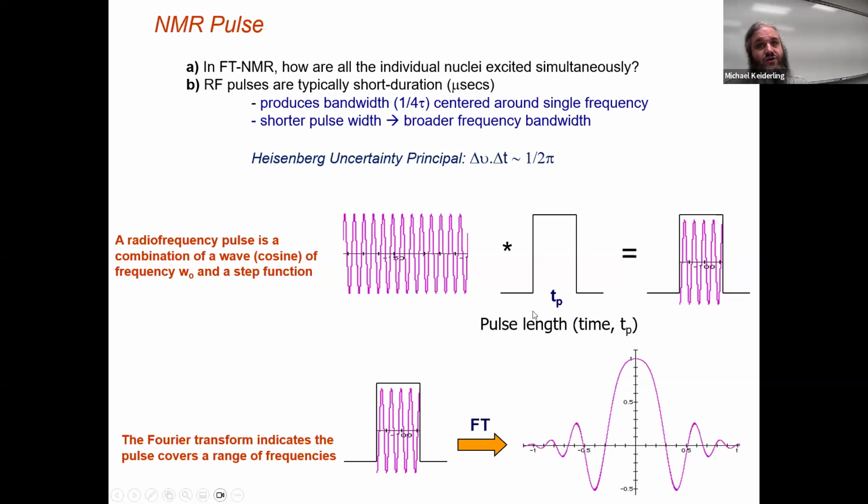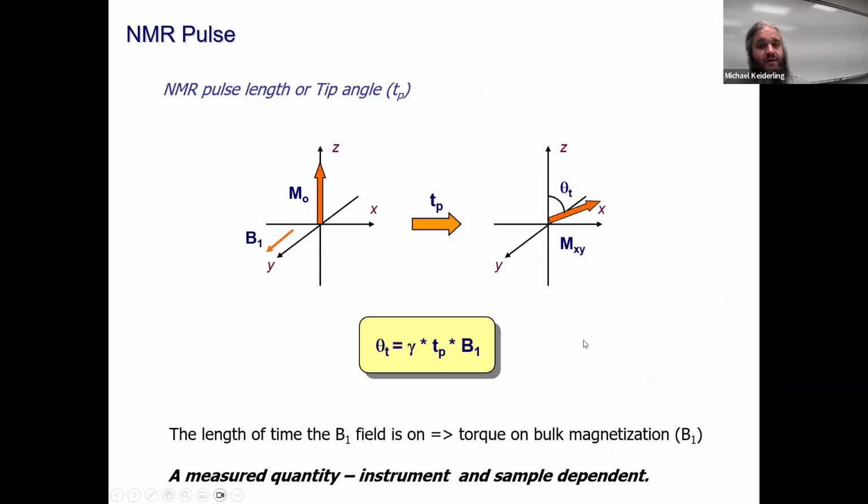And generally what you do is a pulse that's long enough to invert or tip the magnetization, so the length of time the B1 field is on equals the torque on the bulk magnetization. This is the NMR pulse length or tip angle. Generally, this is a measurable quantity. It's instrument and sample dependent.